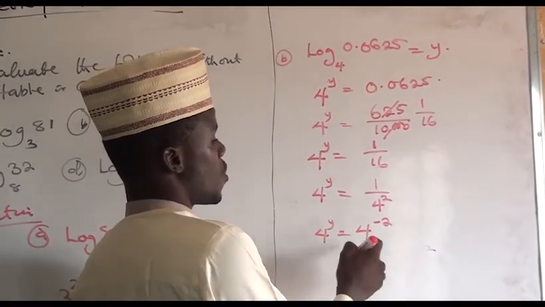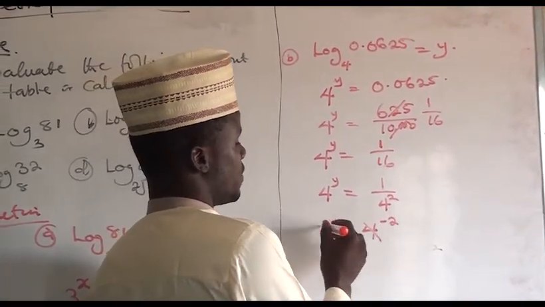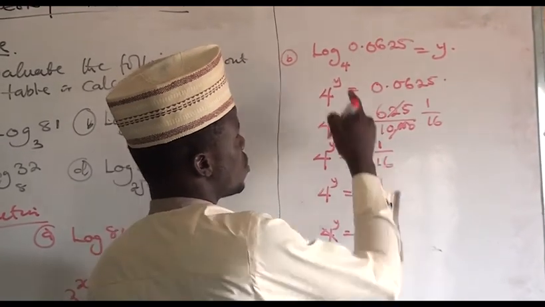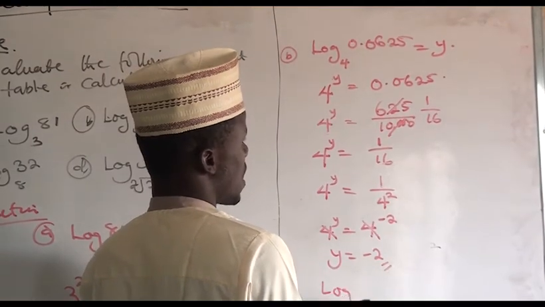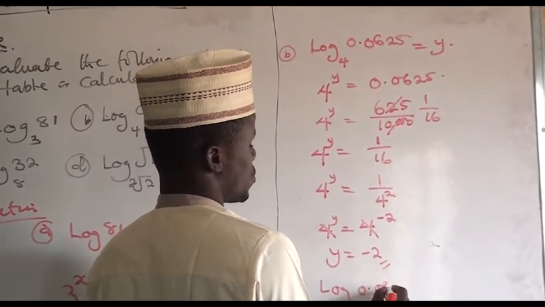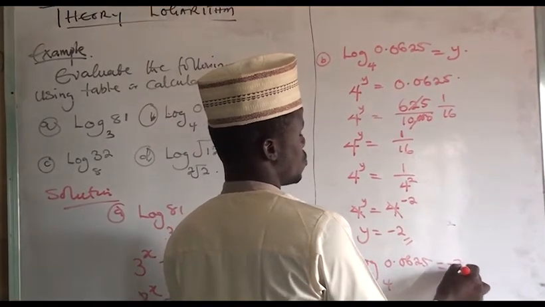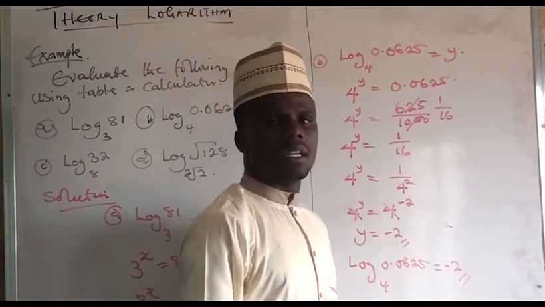So since here is 4, here is 4, we now equate the powers. So y is equal to minus 2. This shows that logarithm of 0.0625 base 4 is equal to minus 2. And that is the answer.